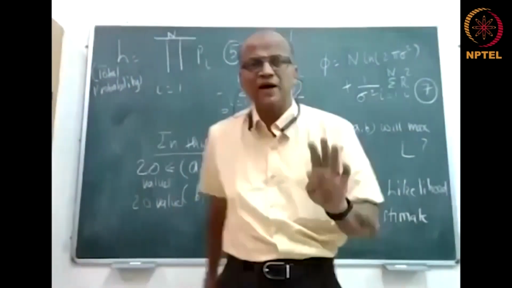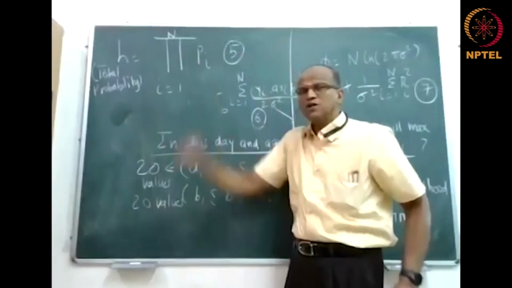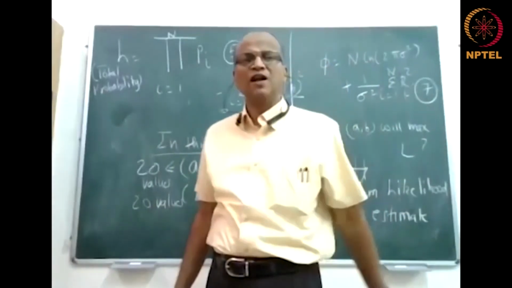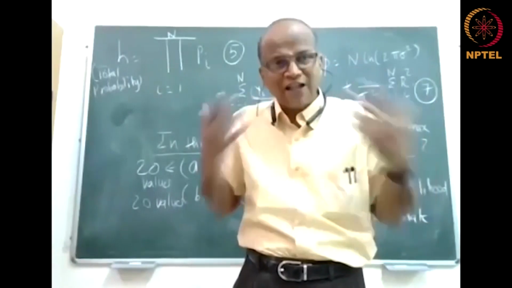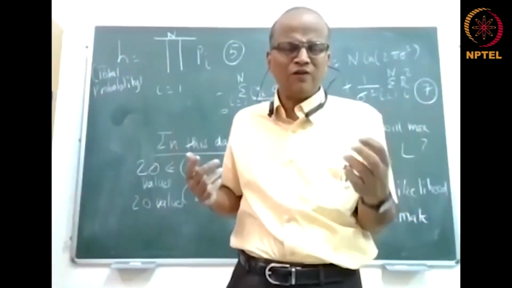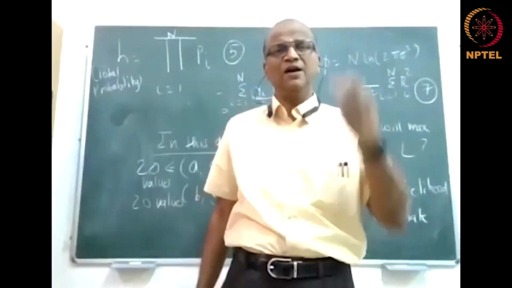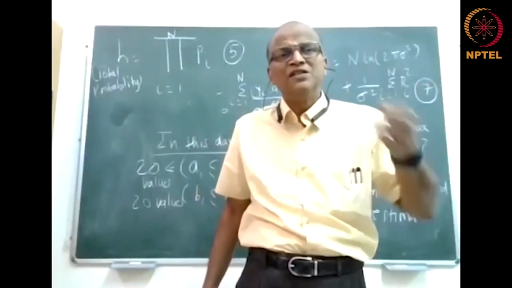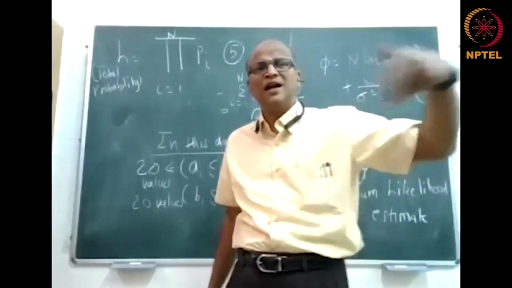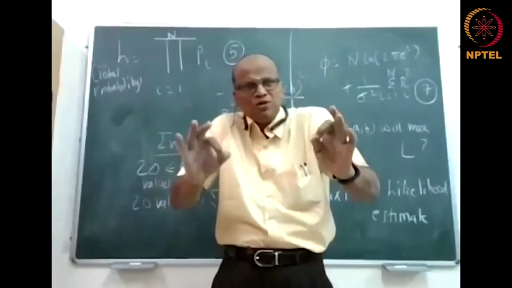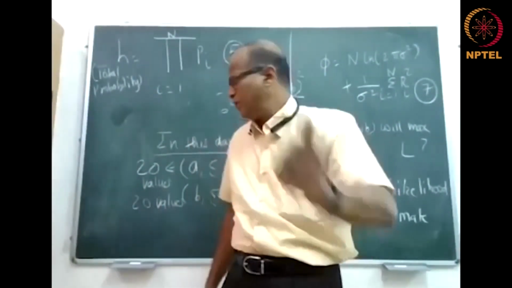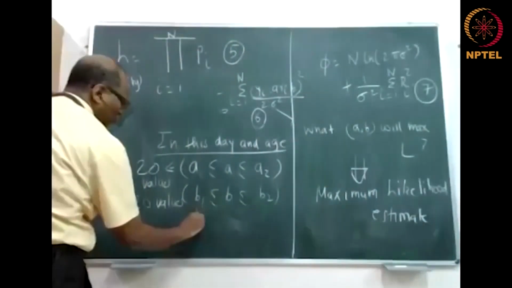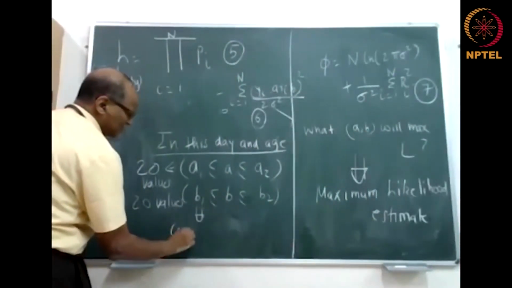You take 400 pairs of A and B and work out the L, put it in descending order in Excel and get the value of the pair, the values of A and B which will maximize L. This does away with least squares, calculus, all that. So this is a brute computational approach. If you do it this way, what you're doing is computational statistics. If you do it this way, it is simply statistics.